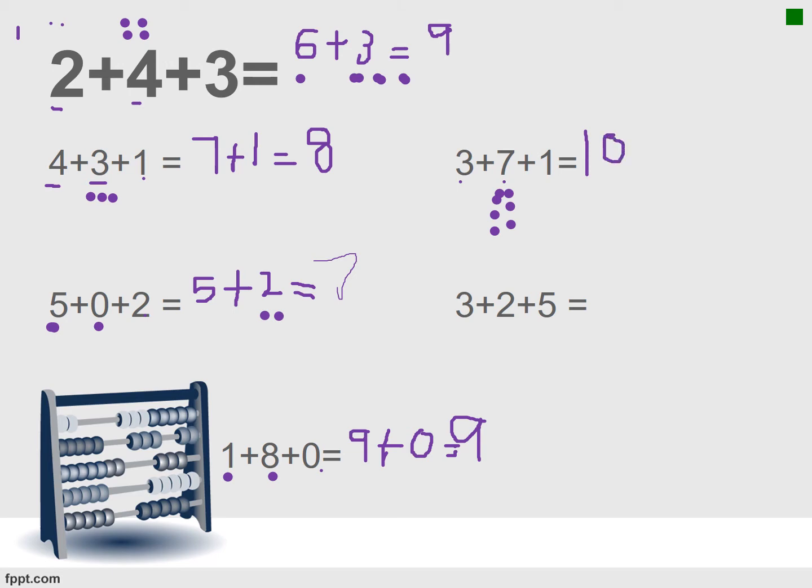And what is the third number? 1. So plus 1. 10 plus 1 will be 10 and 1, 11.